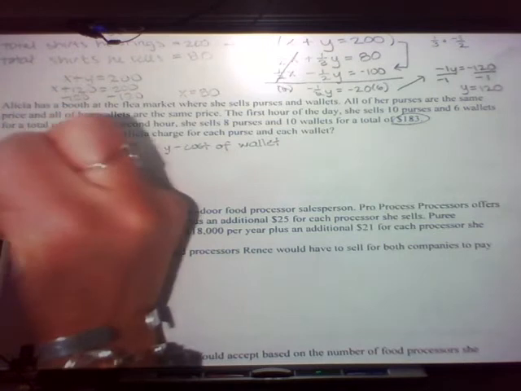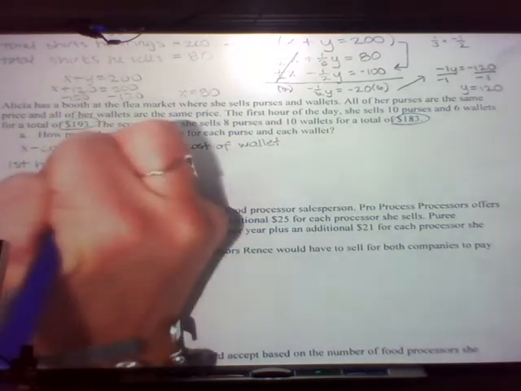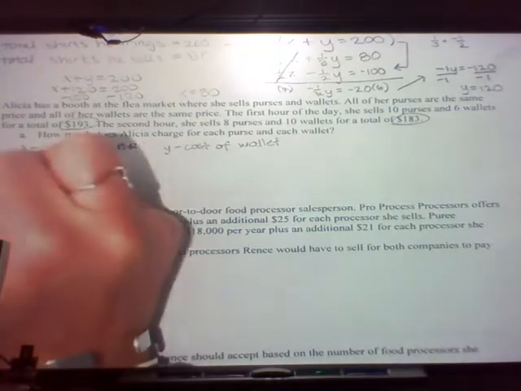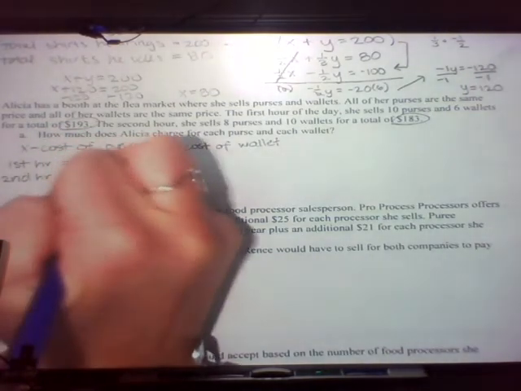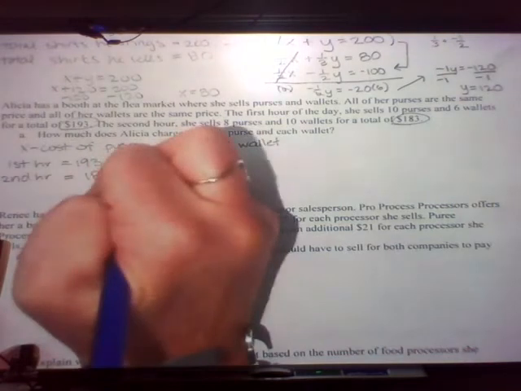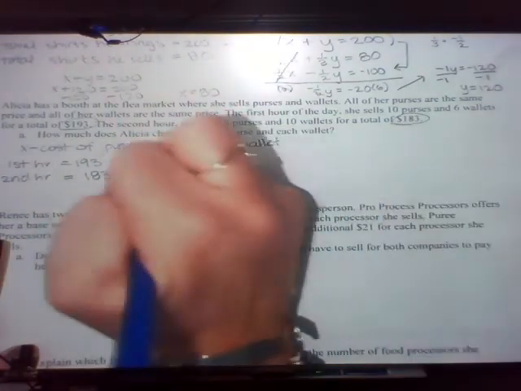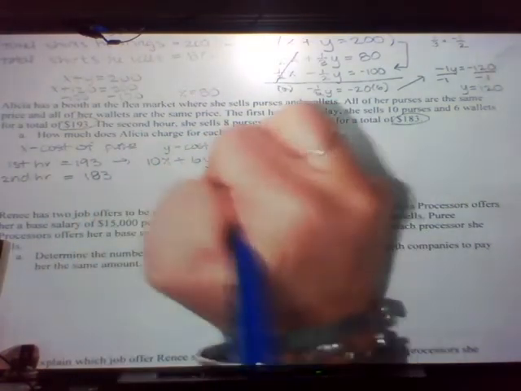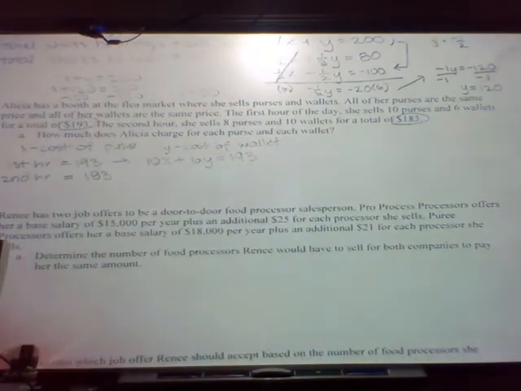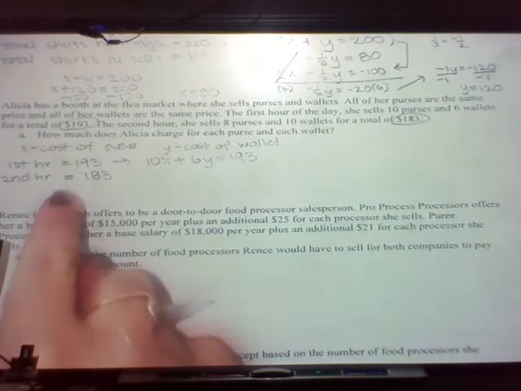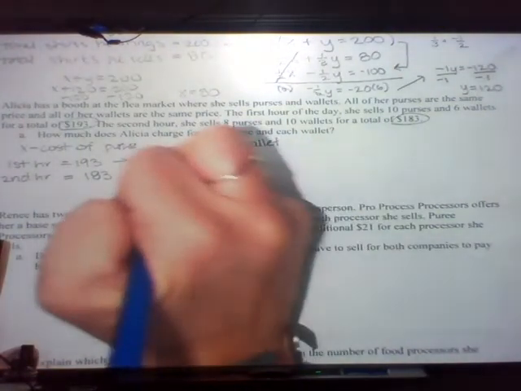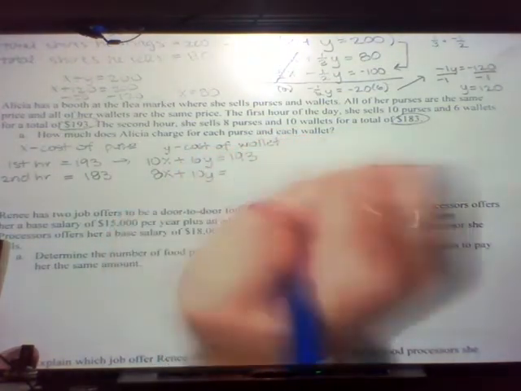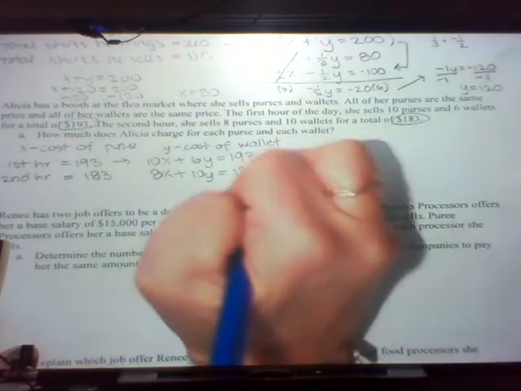So I have first hour total is equal to 193, and then second hour total is equal to 183. So in the first hour, she sells 10 purses and 6 wallets for a total of $193. In the second hour, she sells 8 purses and 10 wallets for a total of $183.